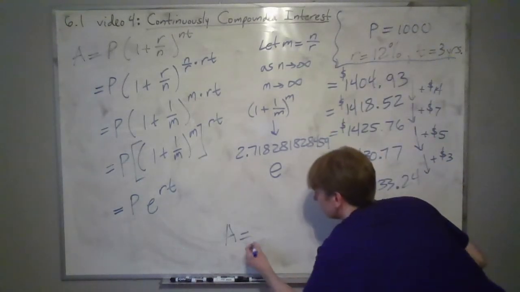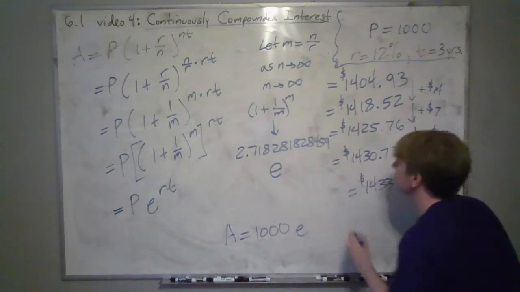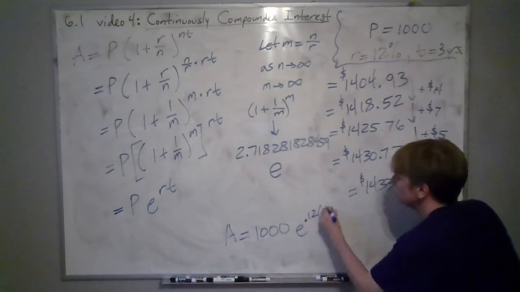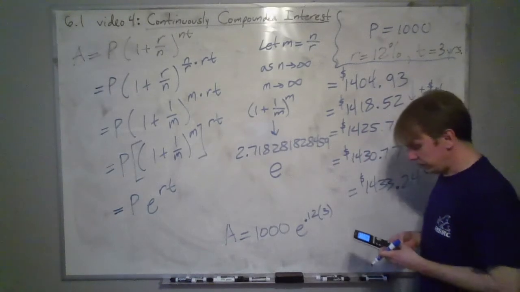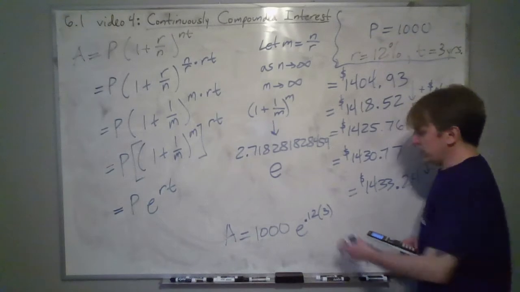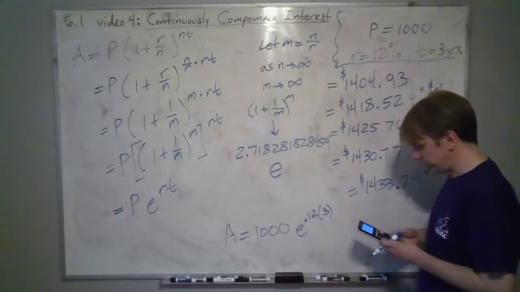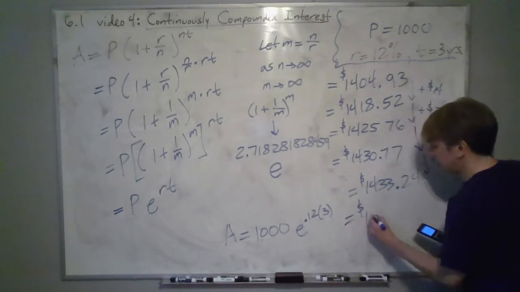If I'm compounding interest continuously, we have 1,000 times e to the 0.12 times t, which is 3. So I need to find the e button in my calculator and do 1,000 times the e button raised to the power of 0.36, or 0.12 times 3.